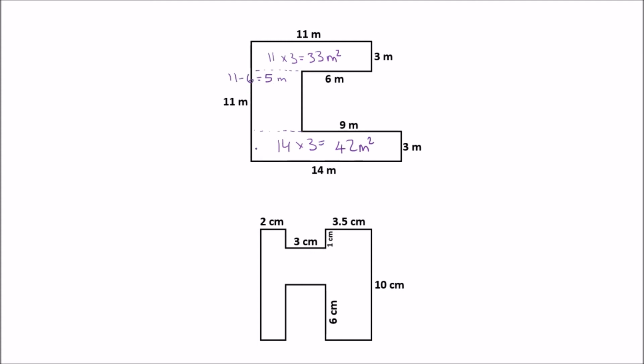Along this distance here we've got 11, but we've got to subtract this bit here and this bit here, 3 and 3, which will give us 5 meters. So in here we've got a 5 by 5. Remember, we can also call that 5 squared. So we've got 25 meters squared in that part. For our final calculation, we write area equals 33 plus 25 plus 42, and that's going to give us 100 meters squared.